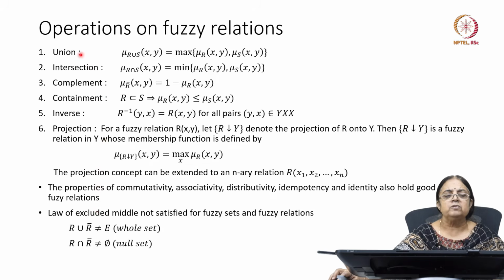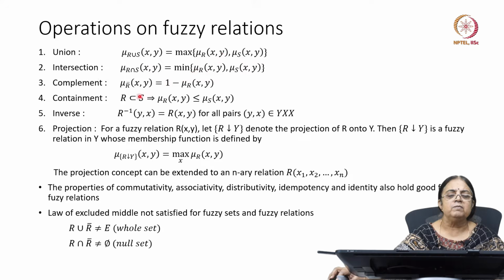And here also you have things like union, intersection, etc. So if we consider two relations R and S, then R union S of xy would be the maximum of mu R xy and mu S xy.